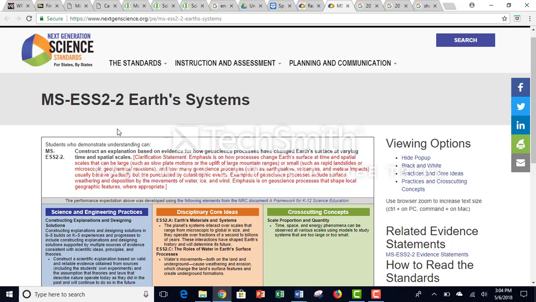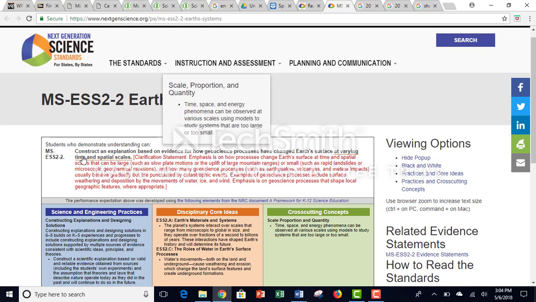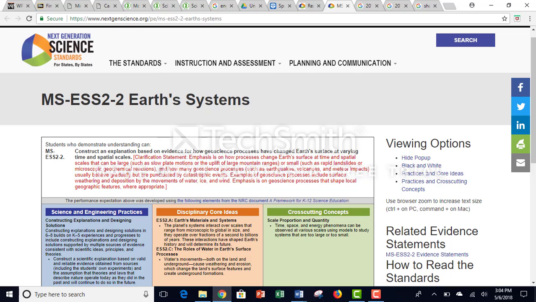Construct an explanation based on evidence for how geoscience processes have changed Earth's surface at varying time and spatial scales. Like I said before, the specific geoscience process that we're going to look at is earthquakes. In terms of the time and spatial scale, we're going to be looking at short term in terms of human civilization, how earthquakes affect cities, basically.